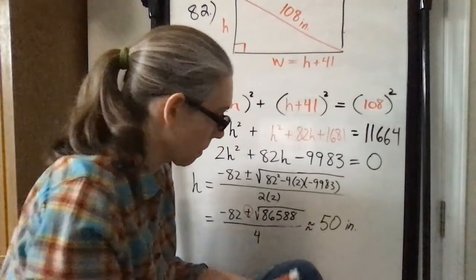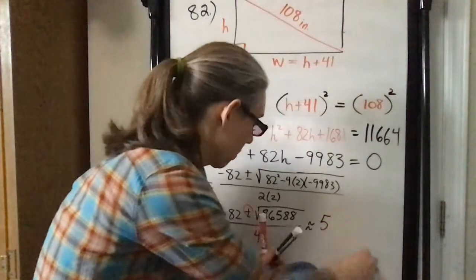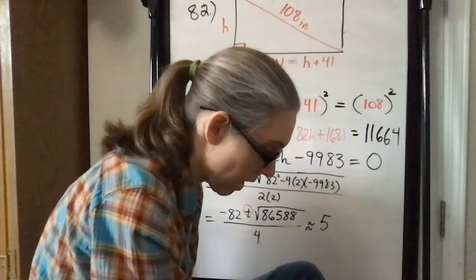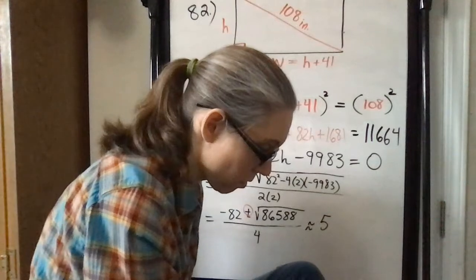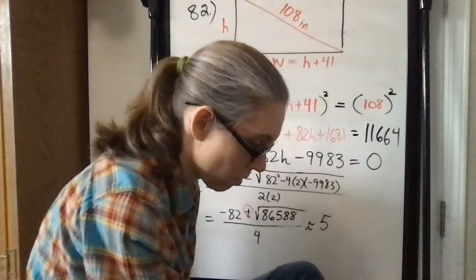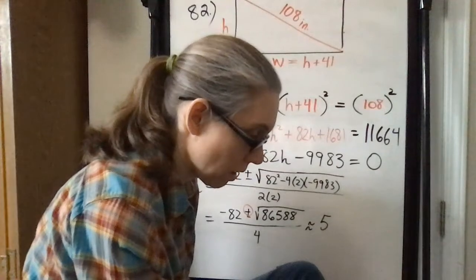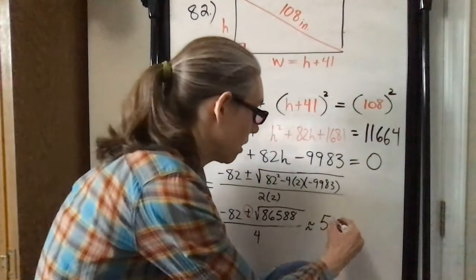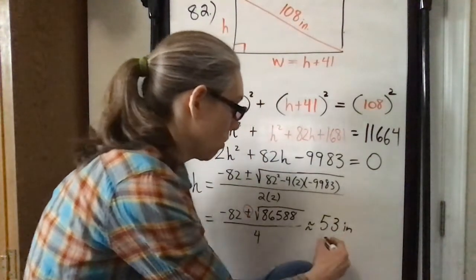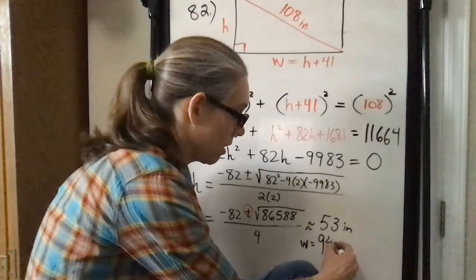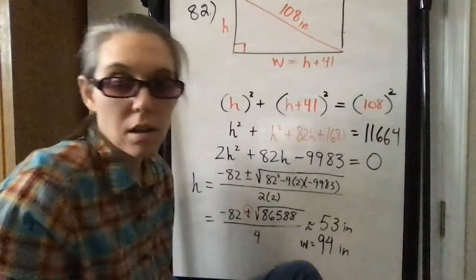This is 86588. So now negative 82 plus the square root of that number divided by 4 is about 53 inches for the height, which would make the width then 94 inches.